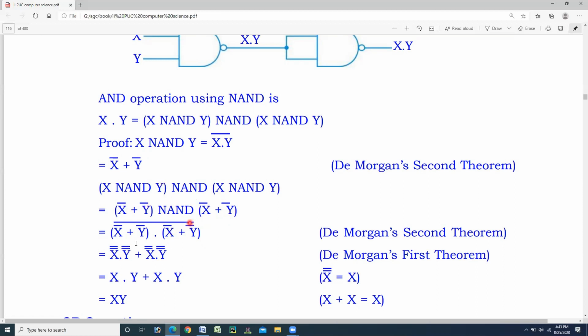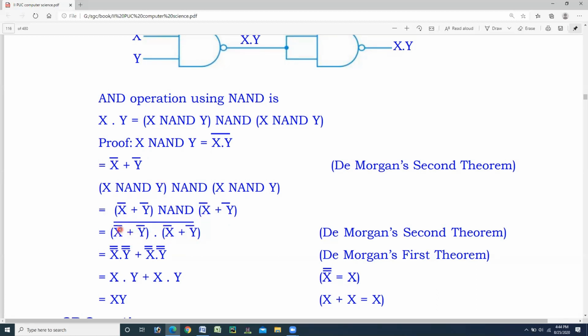At that time what will we get? Again (X complement plus Y complement) into (X complement plus Y complement), whole complement, we will get. By the second theorem, this can be written. Now, by De Morgan's first theorem, the OR becomes AND.